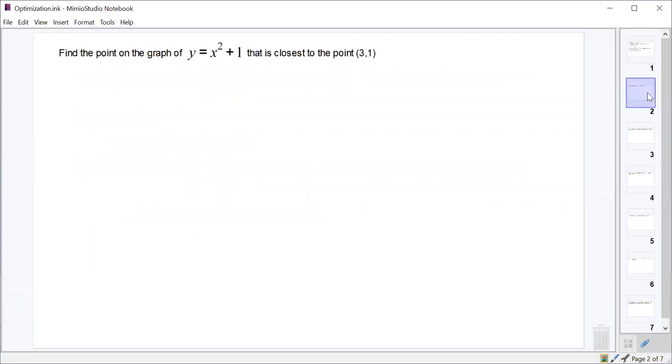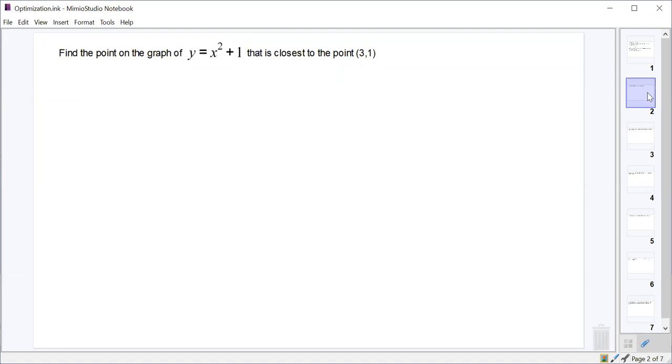So we'll start with a nice, easy one here. We want to find the point on the graph of y equals x squared plus 1 that is closest to the point 3, 1. So what are we trying to find here? Minimize distance.